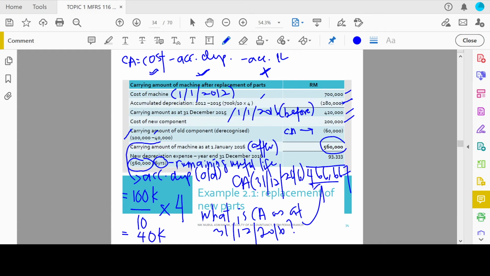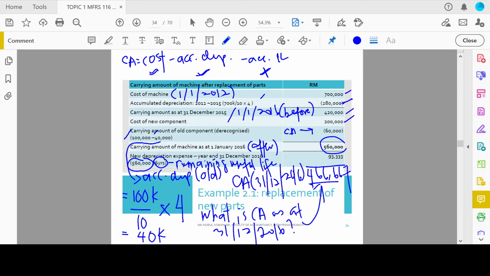Assume that you have a question here. Journalize the transaction for year ended 31st December 2016. To help you to prepare the journal entry, to make sure that you did not leave anything out, you have to look again at the computation here, at the working here.